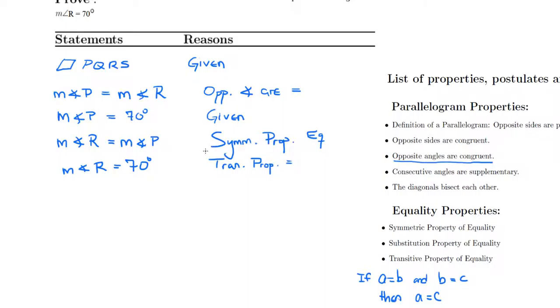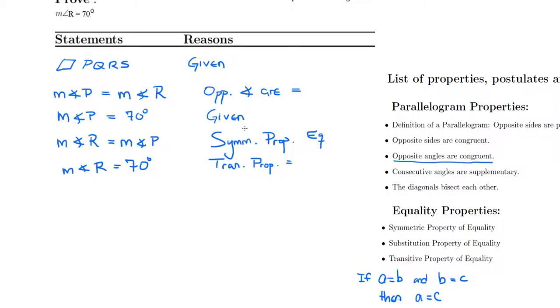And that's how you prove this problem. Okay? Let me stop here and say that sometimes teachers will skip this one here, symmetric property of equality, and then just write transitive property / substitution. You might see that also. Okay, that's perfectly okay. That's a reason they're using the substitution property and the transitive property at once.